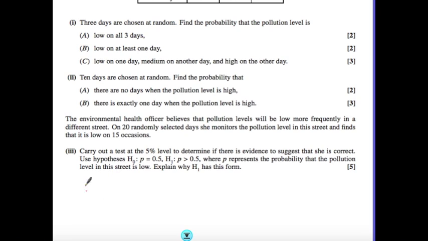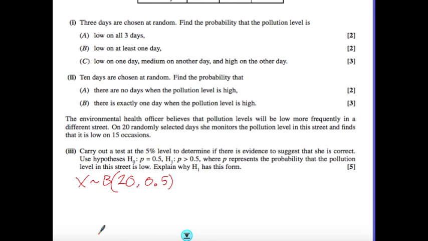Right, okay. So let's think about what's going on first. So our thing we're testing is n is 20, because it's 20 randomly selected days, and the probability of success was 0.5. And then we've got some data. She's found that it's low on 15 occasions.